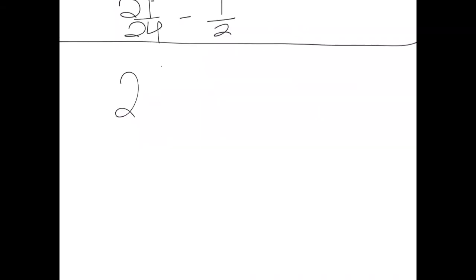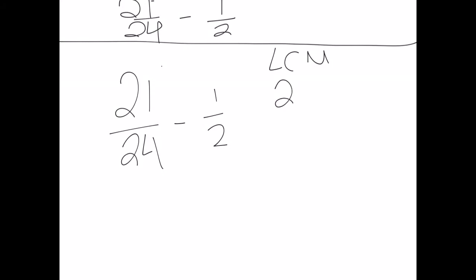To solve 21 over 24 minus 1/2, first we need to find the LCM. So what we do is we take the denominators and simplify.